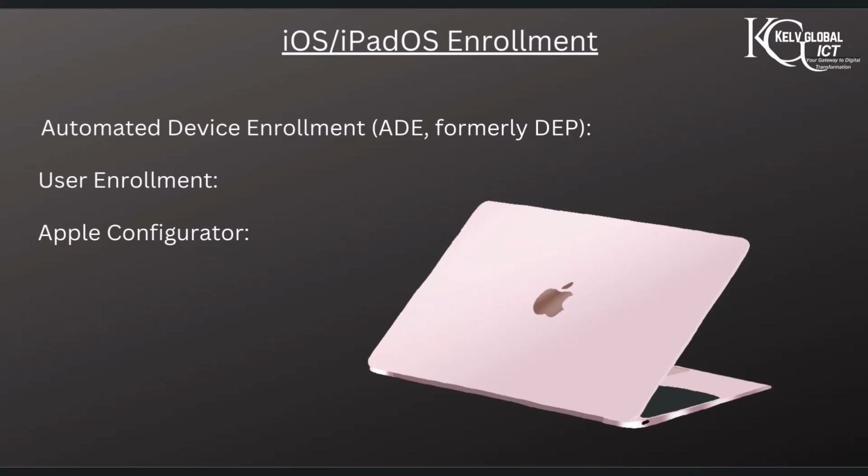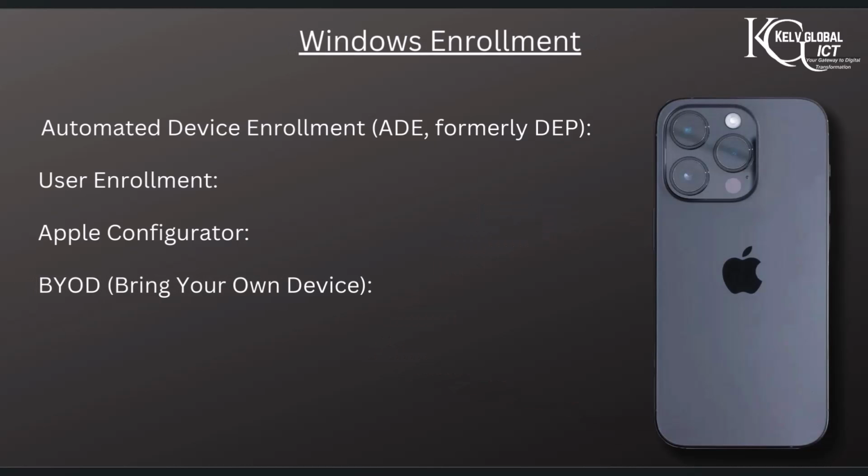IT administrators can connect devices to a Mac running Apple Configurator and manually enroll them in Intune. Then lastly, we have bring your own device, that is the BYOD. For employees using personal iOS, iPadOS devices, Intune allows registration through the Company Portal.